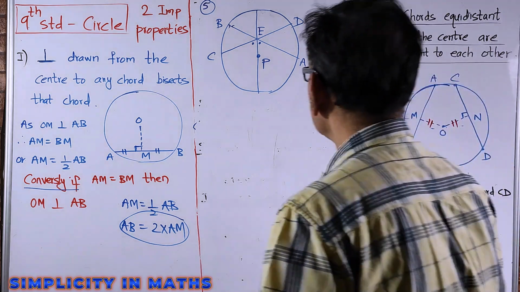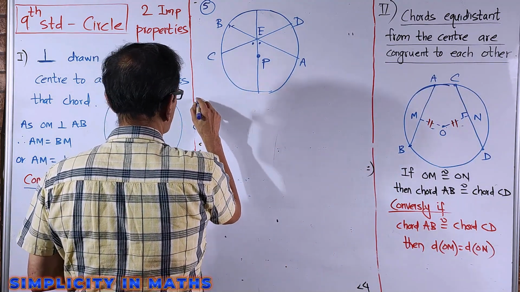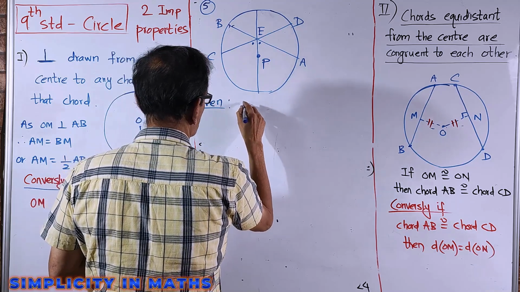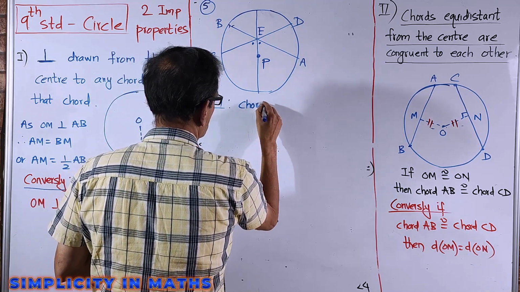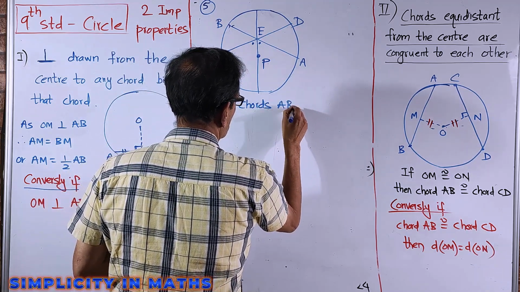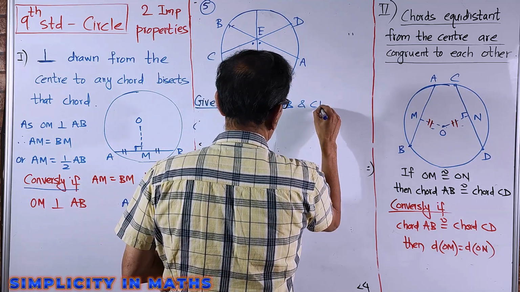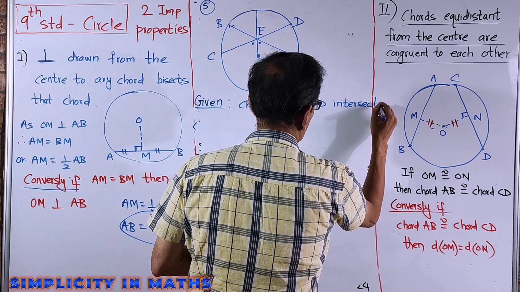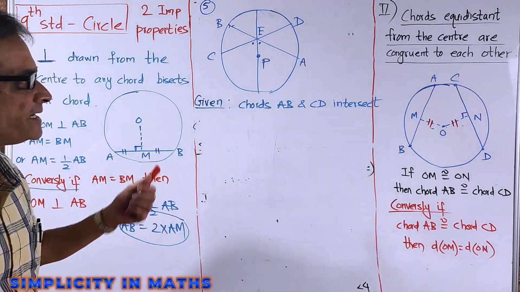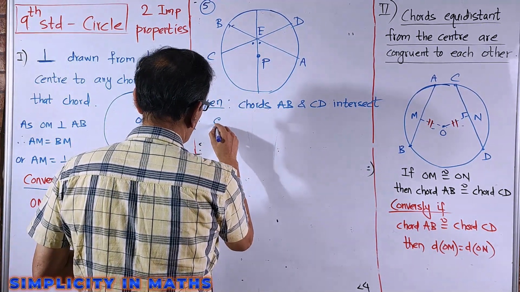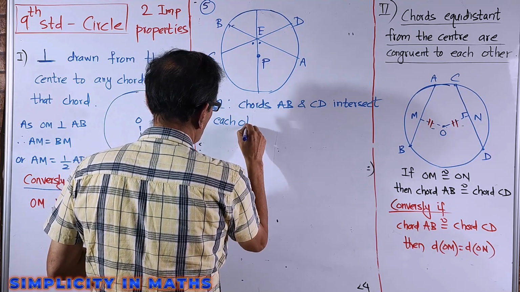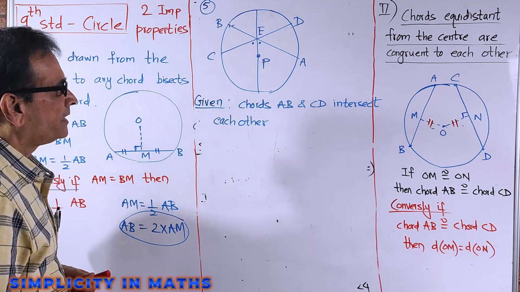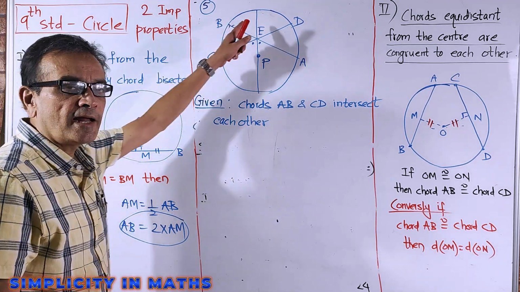Right, given: chords AB and CD intersect each other on the diameter.